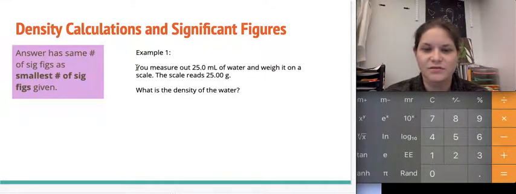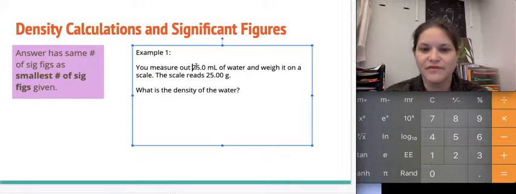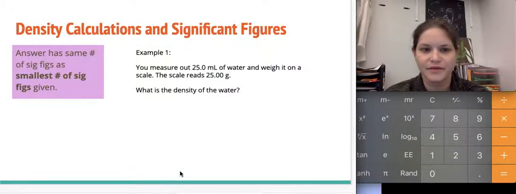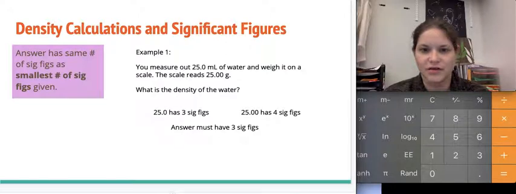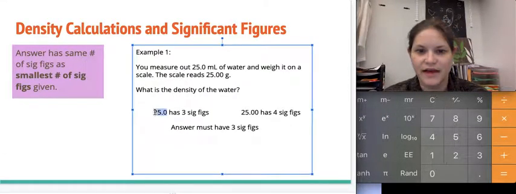First we have, you measure out 25.0 milliliters of water, and then you weigh it on a scale. The scale reads 25.00 grams. What is the density of the water? First thing that I want you to know is that the 25.0, the volume, has 3 sig figs.